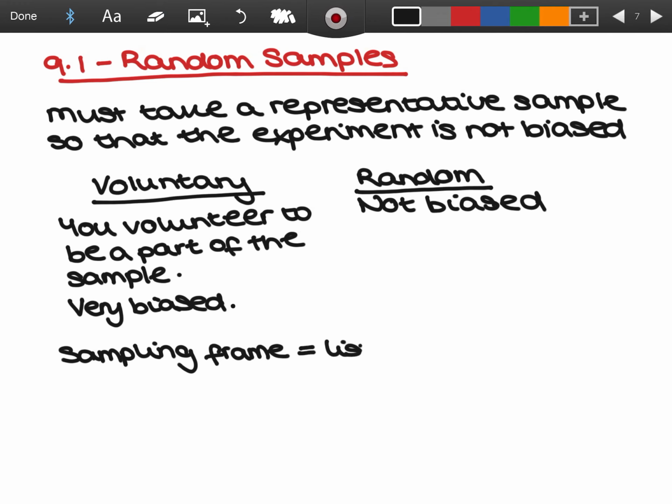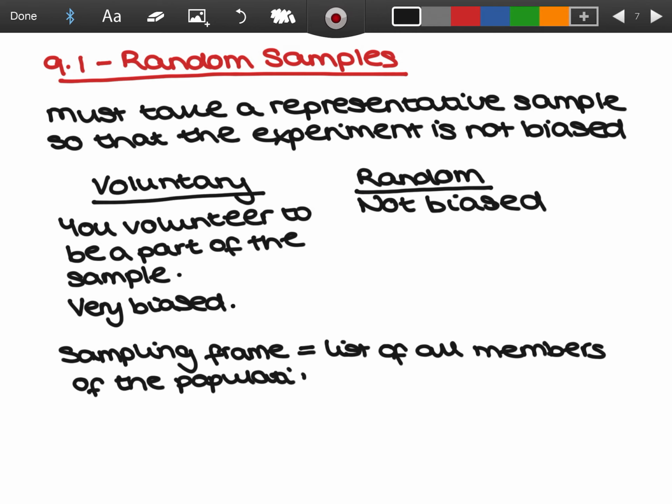So what a computer does when it looks for a random sample is it takes the sampling frame, which is the list of everyone in the population, and it will have an algorithm that it will use to pick certain people out of that whole list, that whole sampling frame.